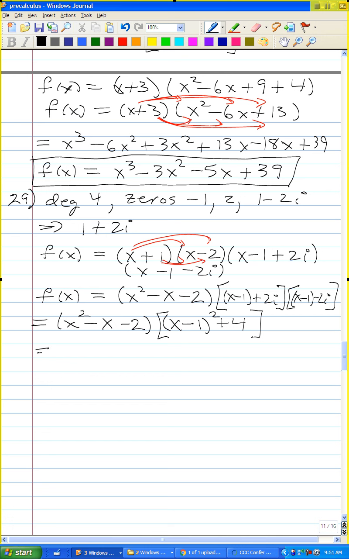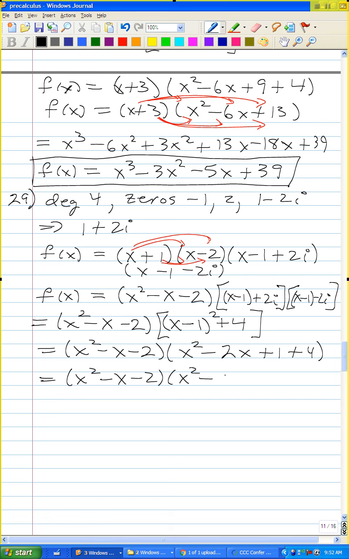And so I get x squared minus x minus 2 times, let's multiply this out again by the special product formula, x squared minus 2x plus 1 plus 4. X squared minus x minus 2 times x squared minus 2x plus 5.